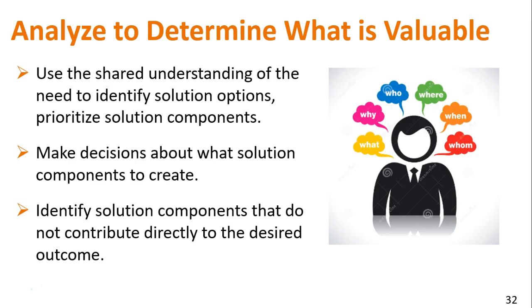We have to be constantly asking what is valuable. So at this level, we're looking at prioritizing solution components, basically determining whether or not we even need to consider producing specific solution components based on our perception of what will add value to our solution, what will be valuable to our customers.